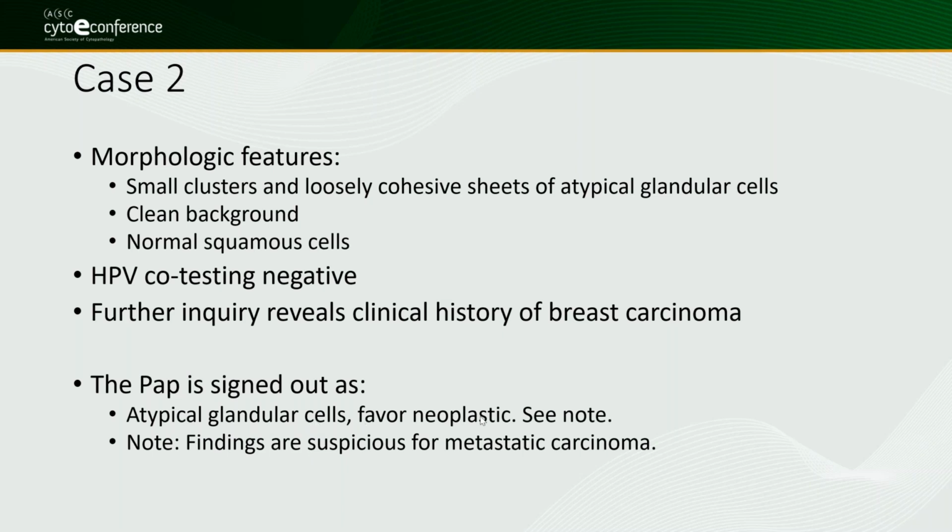We said favor neoplastic, and we said the findings are suspicious for metastatic carcinoma, because the leftover of the vial was sent for HPV co-testing, so we didn't really have anything left to do a cell block and do immunos. And so again, this is when you use a generic atypical glandular cell category.